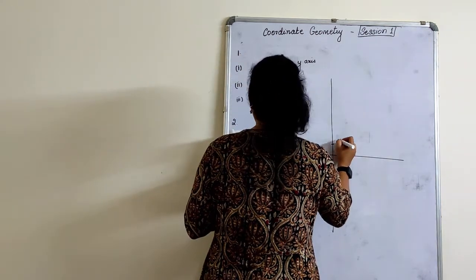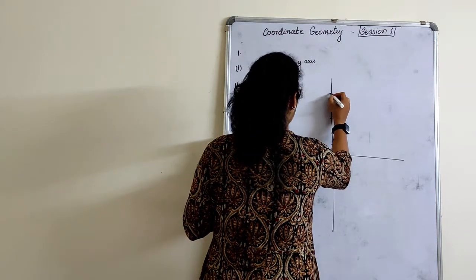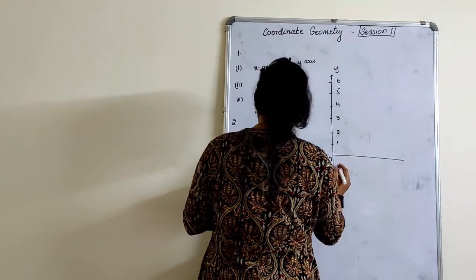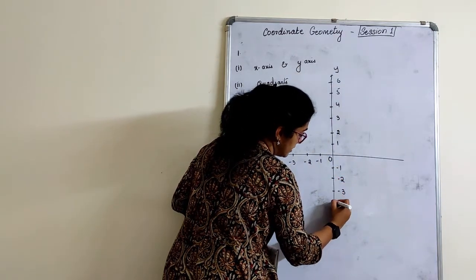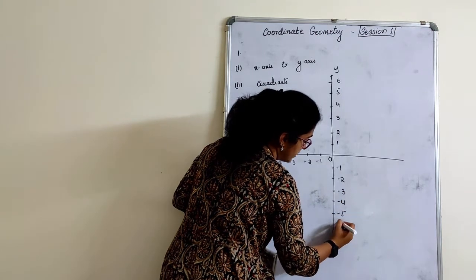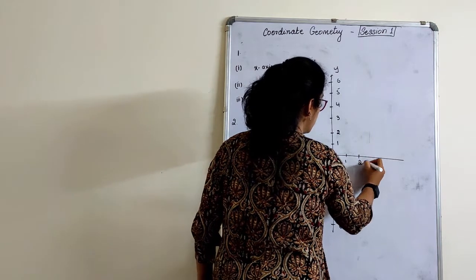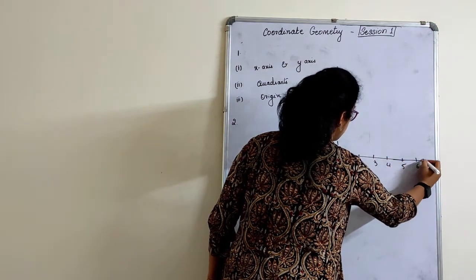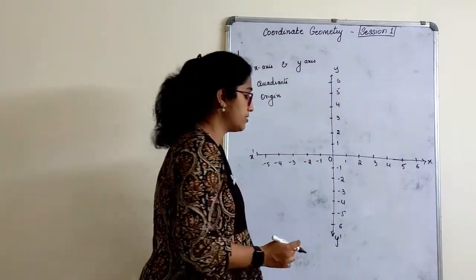Here we have 1, 2, 3, 4, 5, 6 and that is y axis. Minus 1, minus 2, minus 3, minus 4, minus 5, minus 6. 1, 2, 3, 4, 5, 6. This is x axis and this is y dash axis.